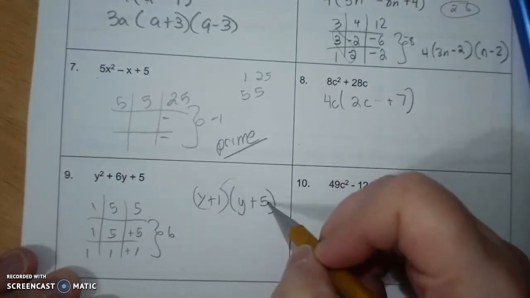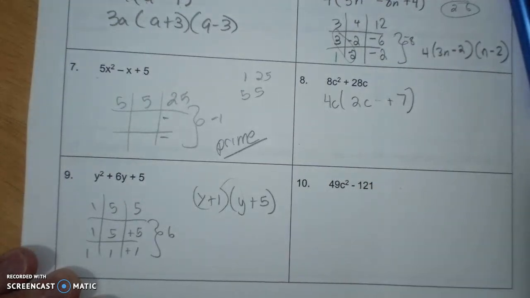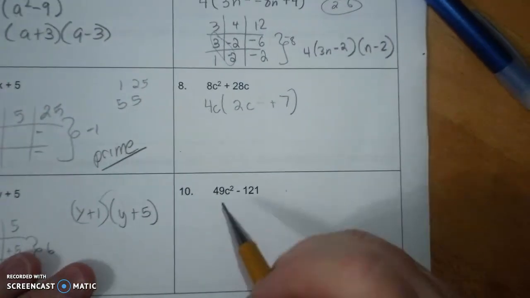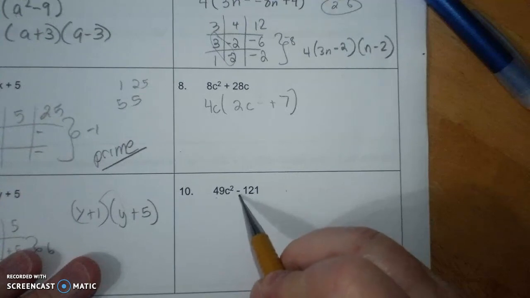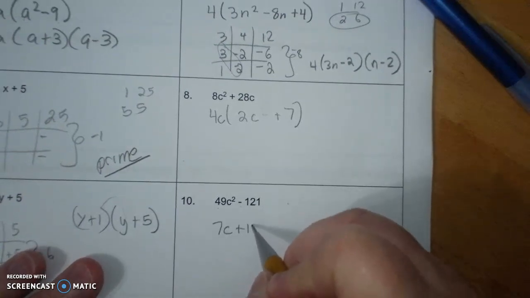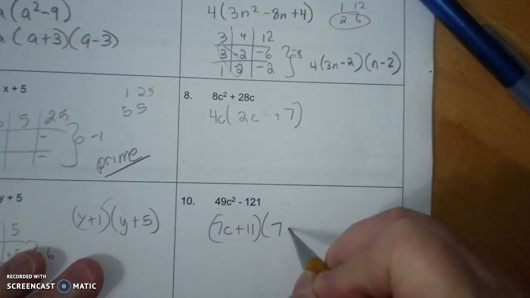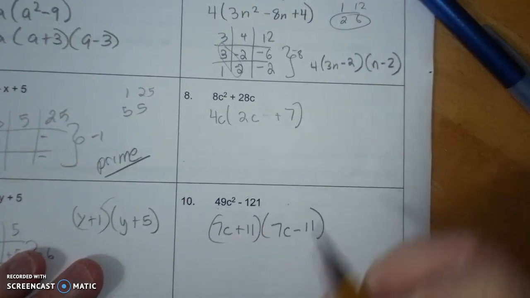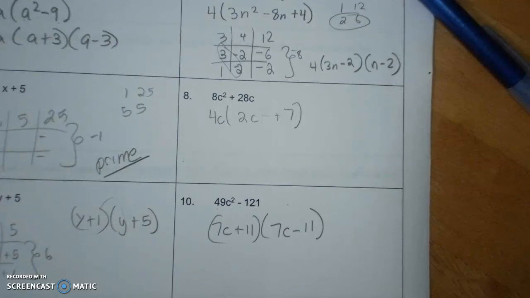There's your 1, there's your 5, which gives you 6. That's a square, that's a square, that's a difference. That's a difference of 2 squares. 7c plus 11, 7c minus 11. That's page 1 of the Unit 12 review.